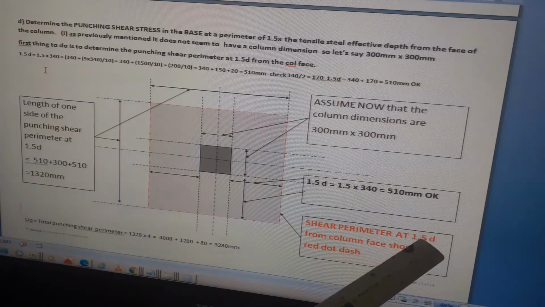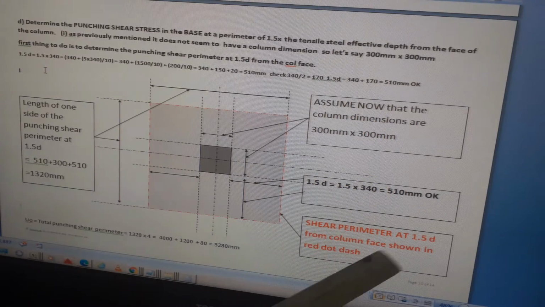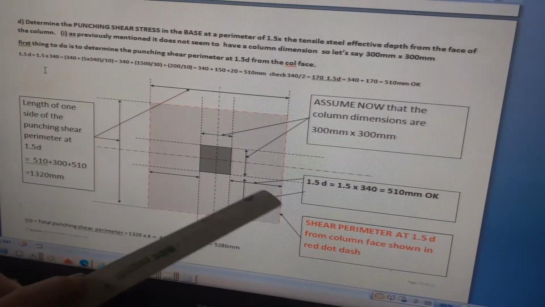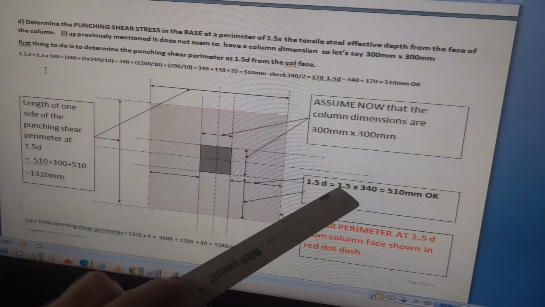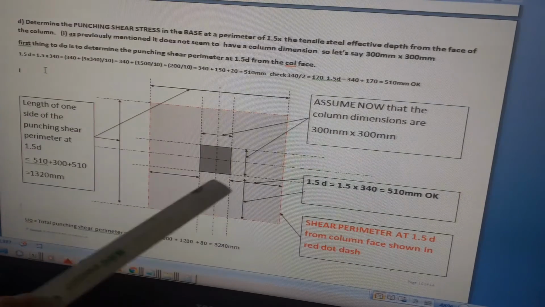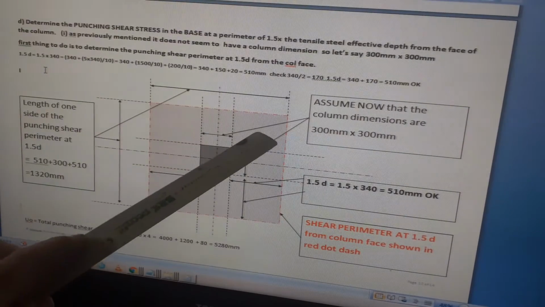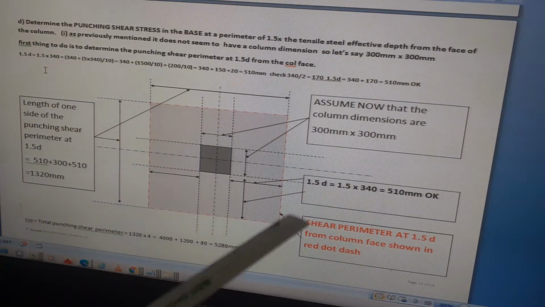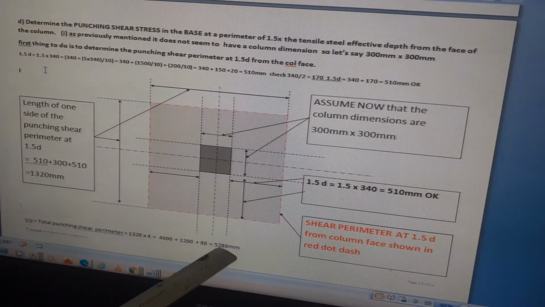That's the shear perimeter at 1.5D from the column face, shown in the red dot-dash here. You can see that distance there is 1.5D. 1.5 times 340 is 510. So all of those four dimensions are 510. So the punching shear perimeter for 1.5 effective depth is 5280 millimeters.